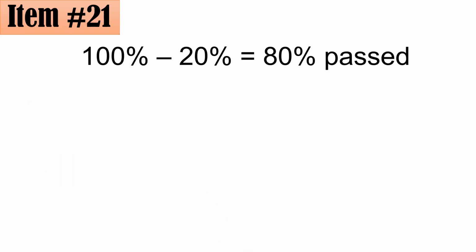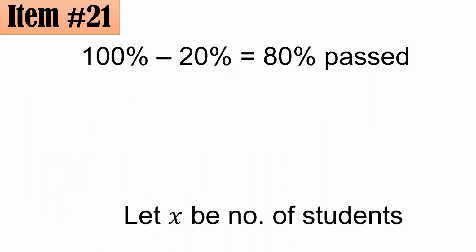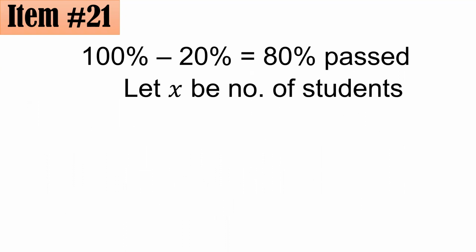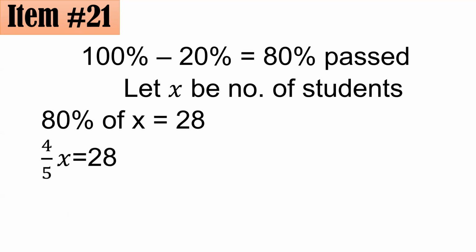If 20% failed, then it means that 100% minus 20%, or 80%, of those who took the test passed. Let's say we don't know the number of students, so we let X be the number of students. 80% of X is 28. We can convert 80% to either decimal or fraction.